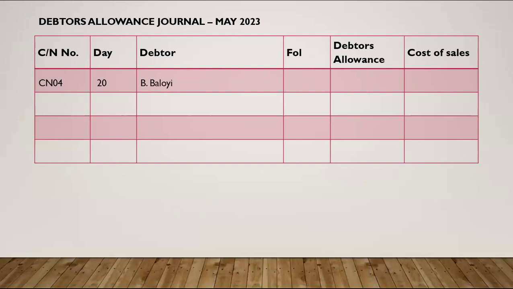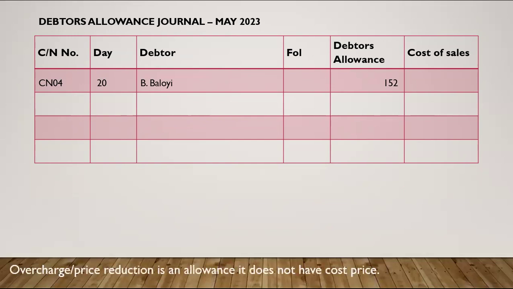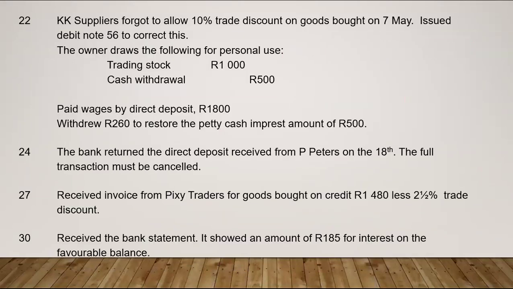The value of goods returned or the selling price of those goods that were returned by Bipaloyi was 152. Because this is a price reduction, please note there will be no cost of sales. Keep moving, keep going, keep flowing.